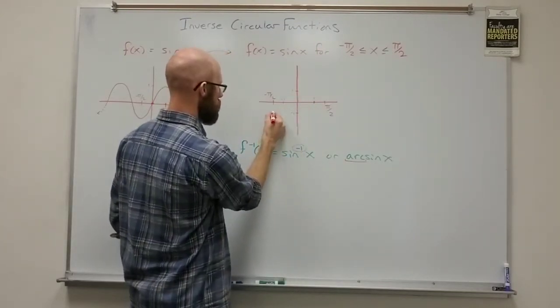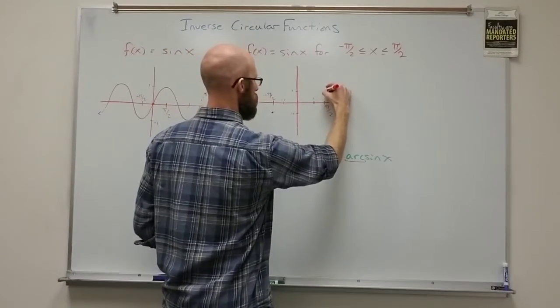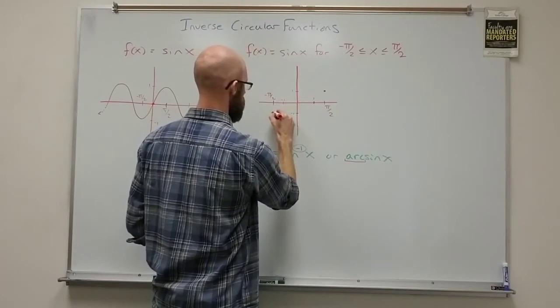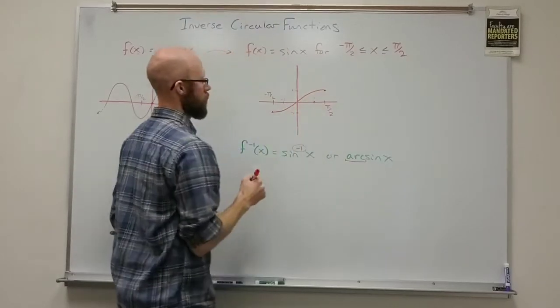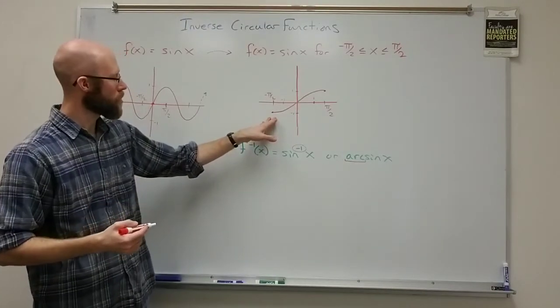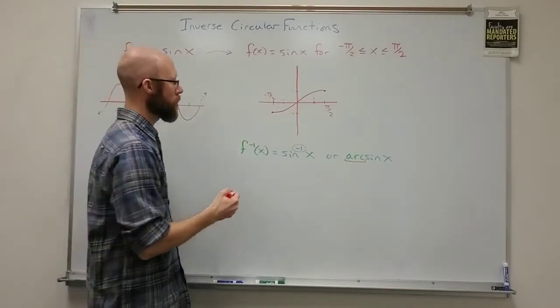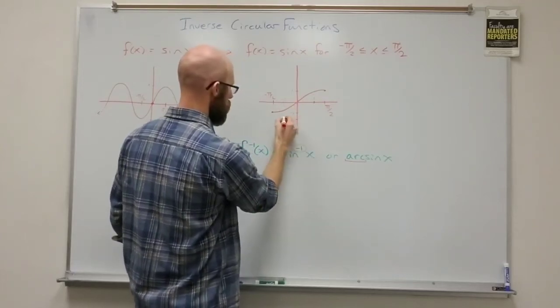So let's go from negative pi over 2 comma negative 1 to pi over 2 comma 1. That's my original sine. Then the inverse should be at negative 1 comma negative pi over 2.